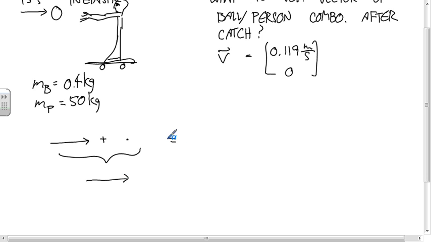After the collision, in the inelastic case, the ball has this momentum, the man has this momentum, and they add up to say that the momentums have to be the same before and after. Right? This is inelastic.